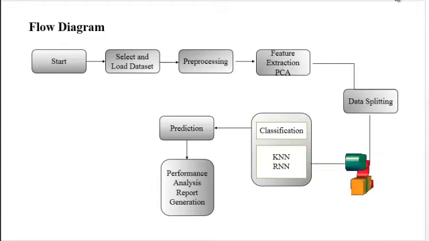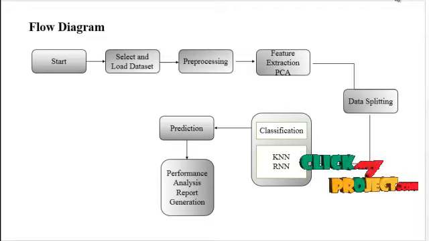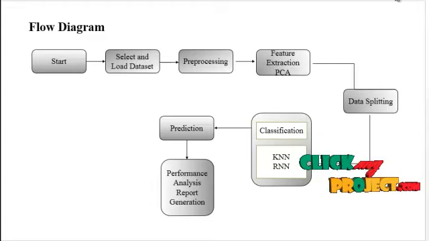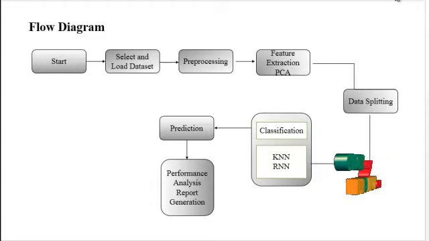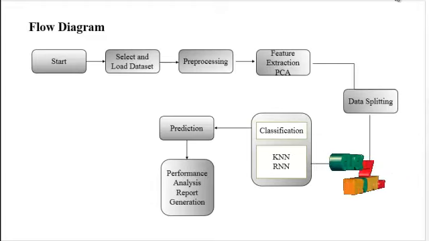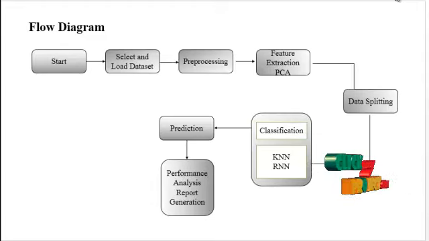Next, if there are any unwanted columns, remove them. Next, future extraction. Future extraction is, if you have a dataset with 30 columns, and we want only 20 columns, then using the future extraction PCA algorithm, we get only 20 futures.